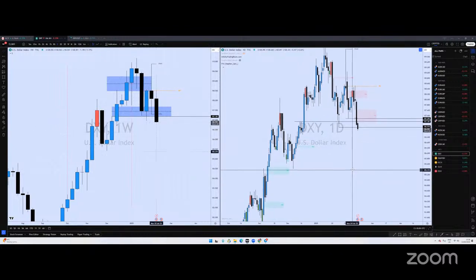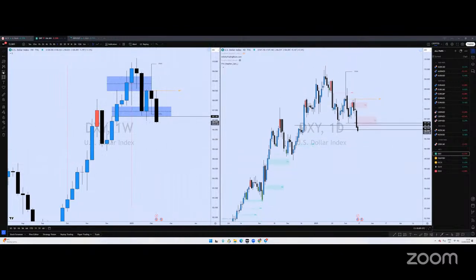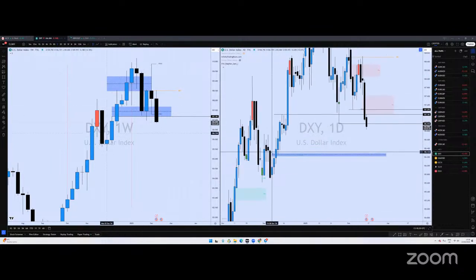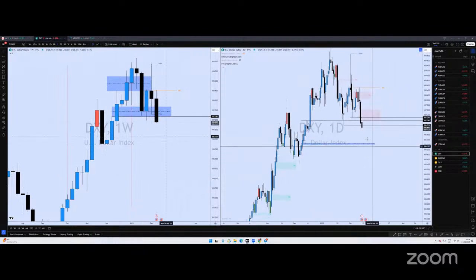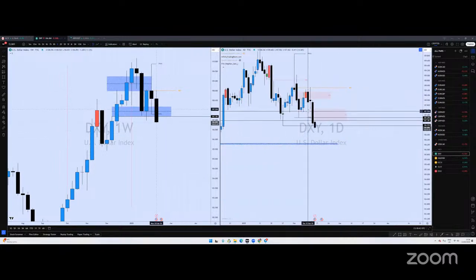On our next target, be looking for price to trade here. Based on algorithmic principles that I learned from ICT, and based on the backtesting and reverse engineering that I was talking to you about, there's a high probability price is going to drop here, as long as we stay below this gap.